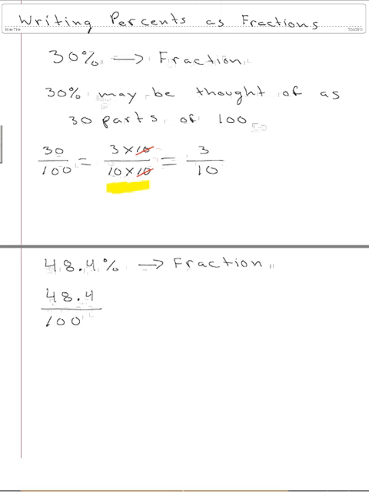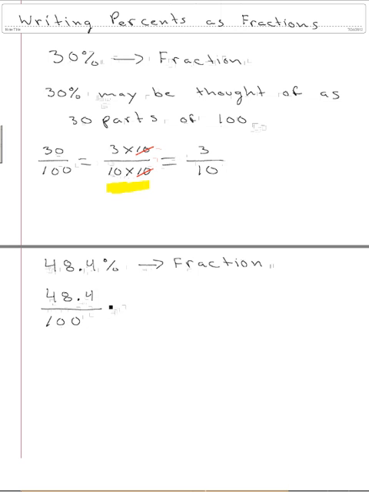Now in this case, I have a fraction, but notice my numerator contains a decimal, and we typically do not write fractions in that manner. So we have to use some basic arithmetic in order to express this number in such a way that the numerator does not contain a decimal.